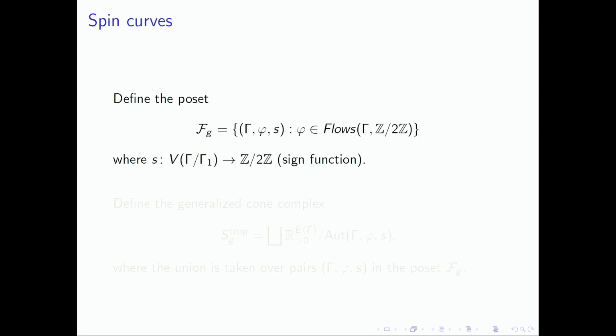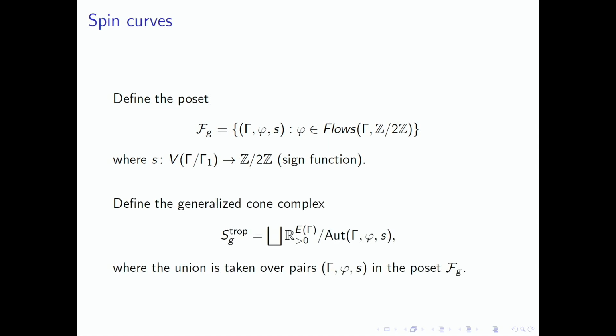And actually, we did that for the case of the moduli space of spin curves, which compactifies the moduli space of theta characteristics. We can consider not only flows, but flows and a sign function on this gamma modulo gamma. I don't want to enter into details, but it's a refinement of the combinatorial data that mimics the parity of the sections of a line bundle on a theta characteristic. And so we can do the same.